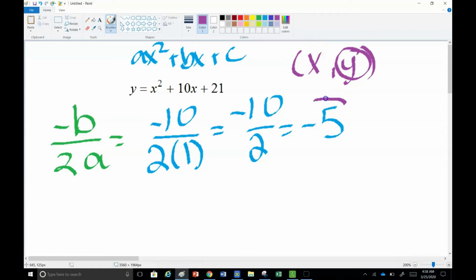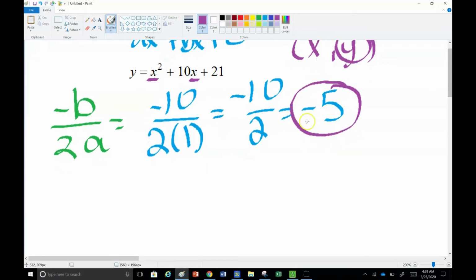I'm going to take this negative 5 and plug it in for x in my original equation, because the equation says y equals whatever all this over here is going to eventually give me.